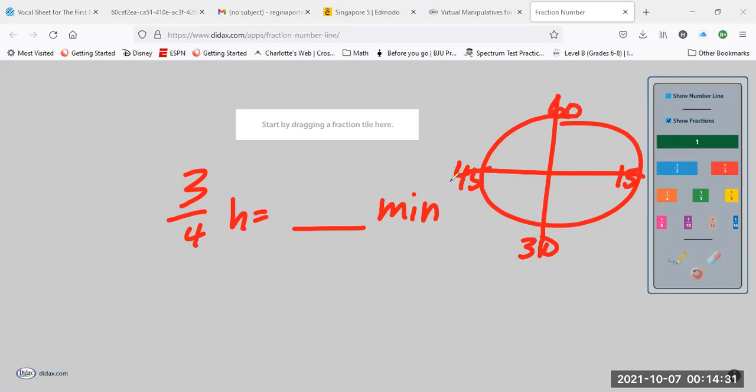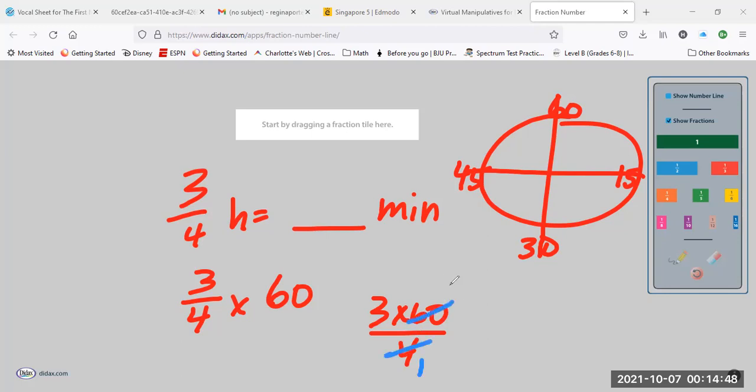So 3/4 would be 45 minutes. But if I didn't know that, I'd say 3/4 times 60. Well, 3 times 60 over 4. I can simplify, and now I get 45 over 1, 45 minutes.